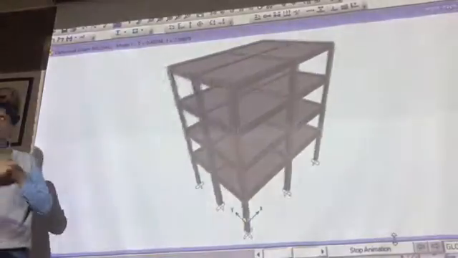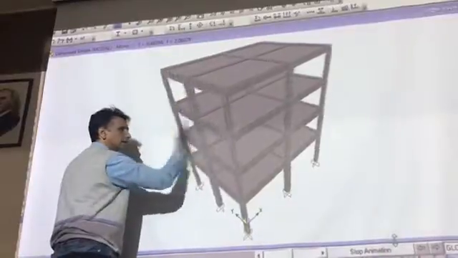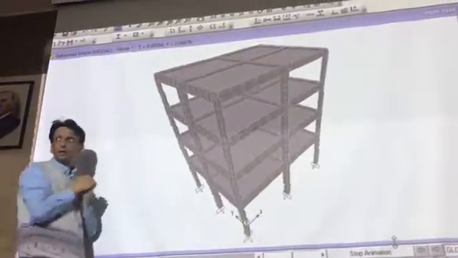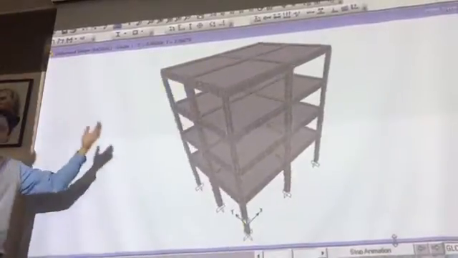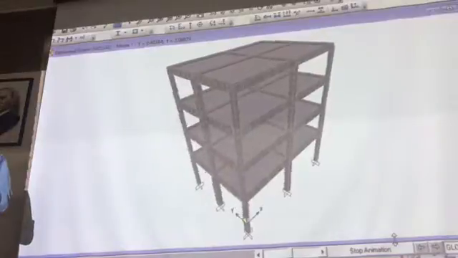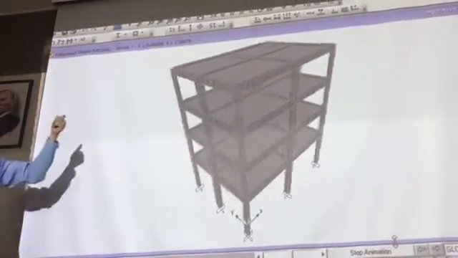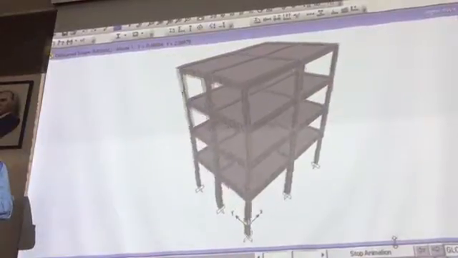This is period. Okay? This is typical for a 4-story structure. If you have, for example, a 10-story, then your period will be about 1 second. This is a 4-story building. It is about 0.4 seconds.